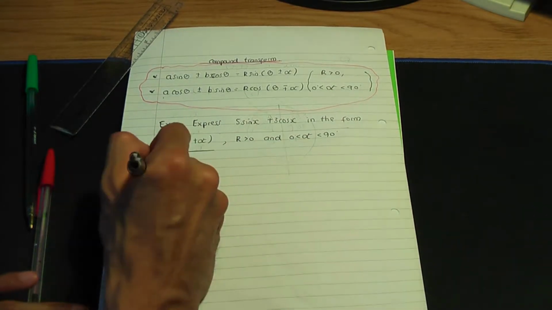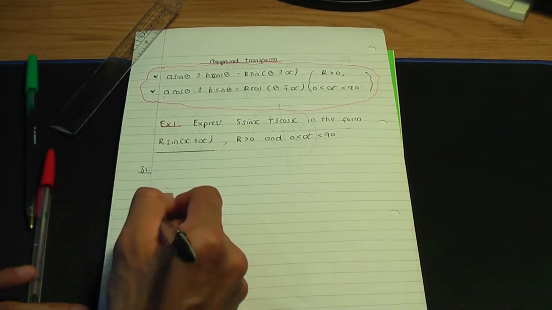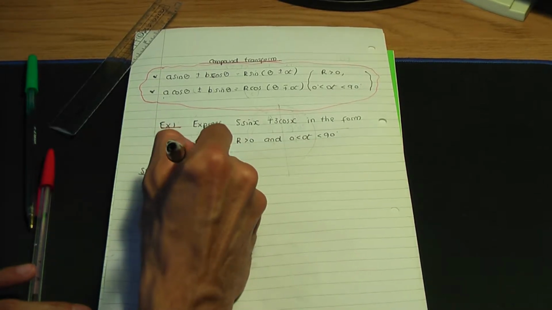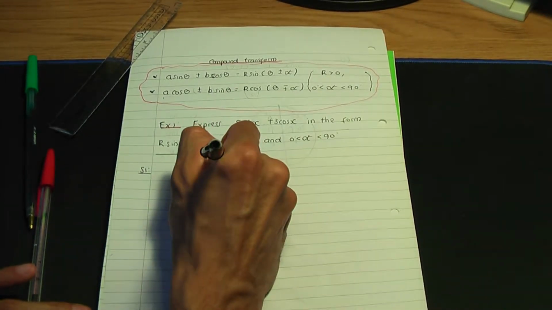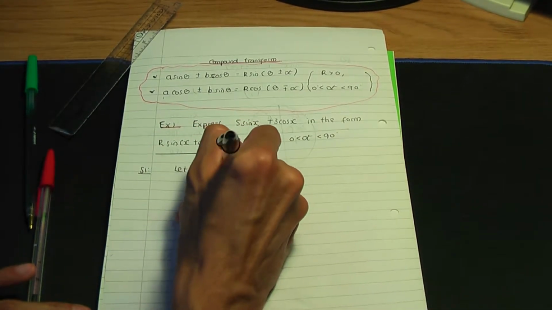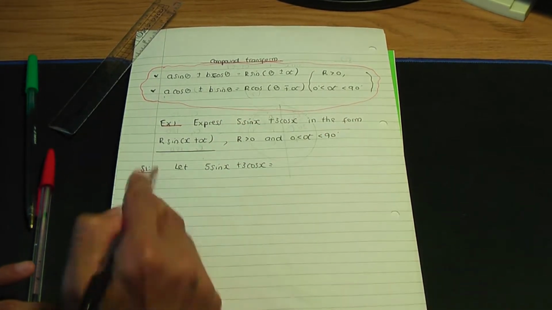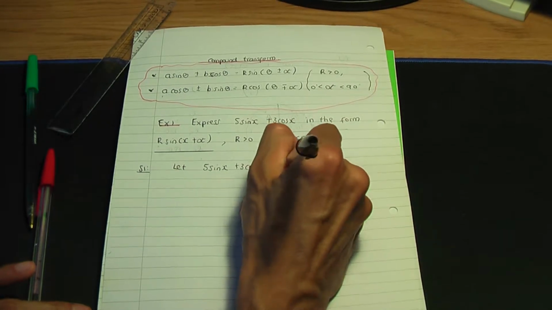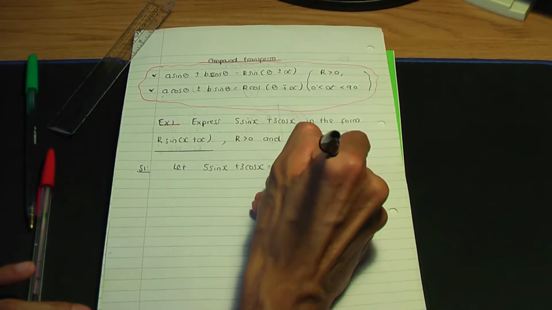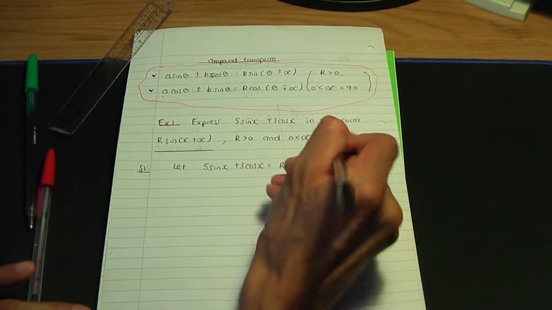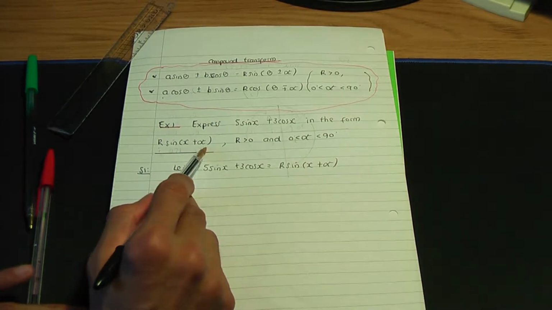So in step number 1, I'm going to let the expression in question, 5 sine x plus 3 cos x, be rewritten in the form r sine x plus alpha. So the form is given to us in the question.